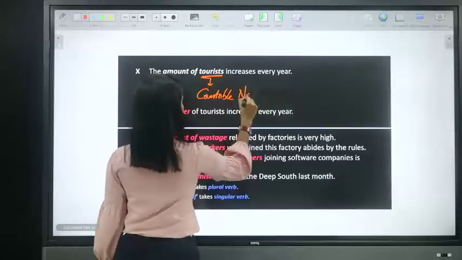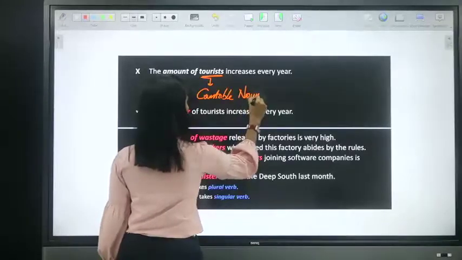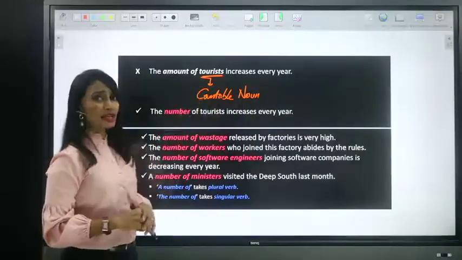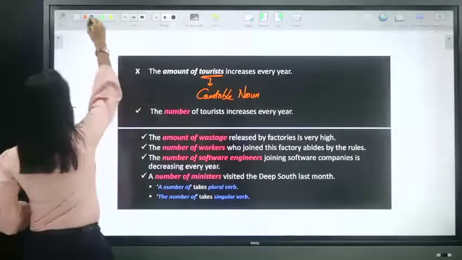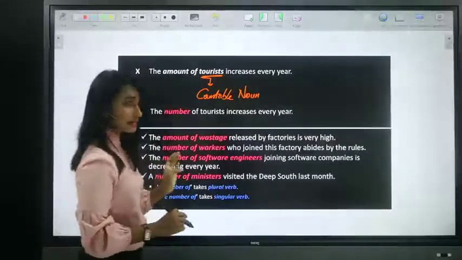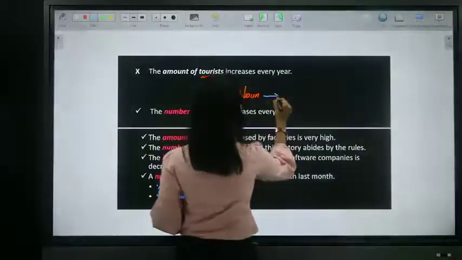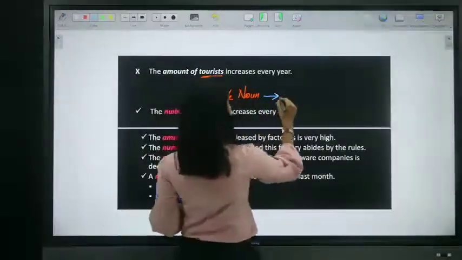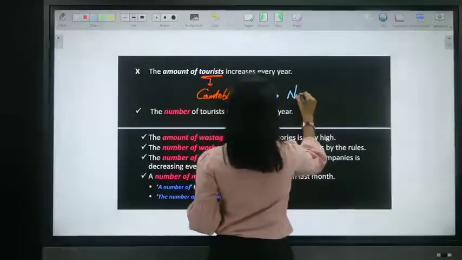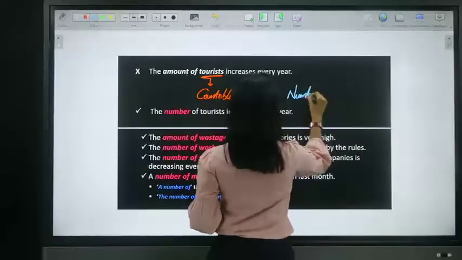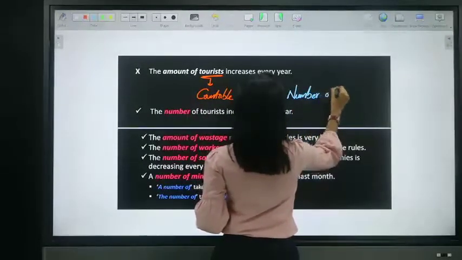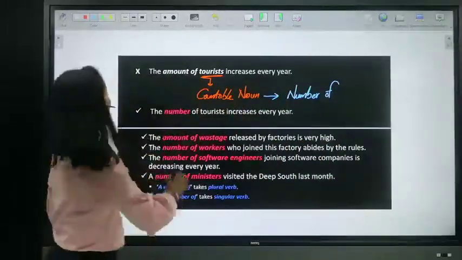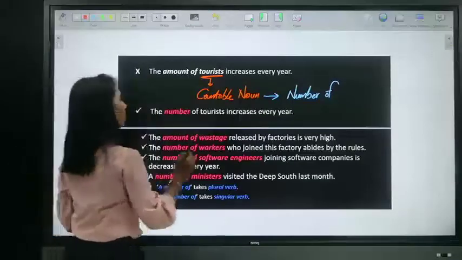We discussed yesterday countable nouns and uncountable nouns. So a tourist we can count. So now the sense here is for countable nouns we cannot use "amount of". Here we are counting. So we have to use "number of". For countable nouns we have to use "number of". What about uncountable nouns?